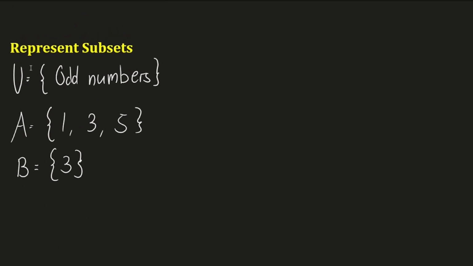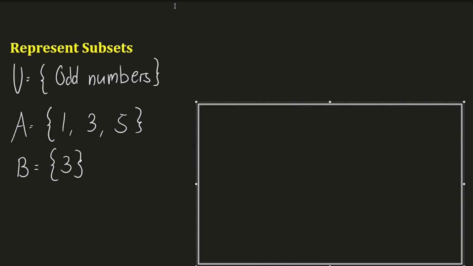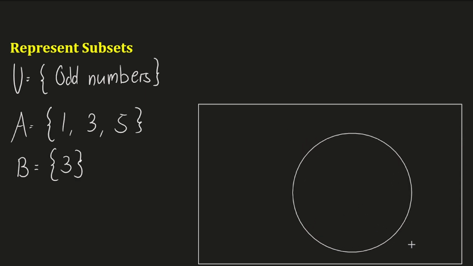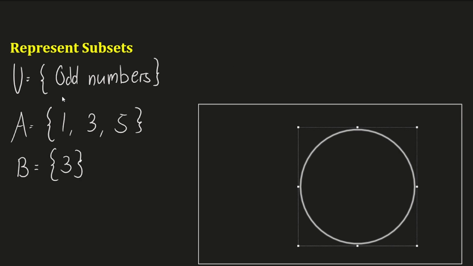Same thing. We have a universal set, so we are going to use a rectangle. Okay, there you go. Then we're going to use circles to represent the sets, but let's just first use one circle. Okay, let me label this. So we have the universal set here of all odd numbers.